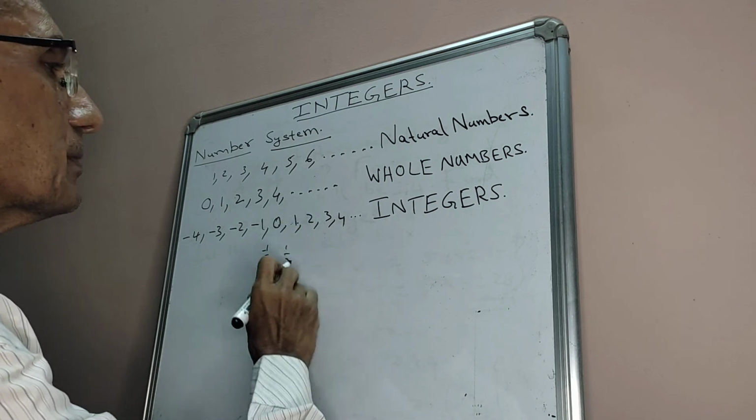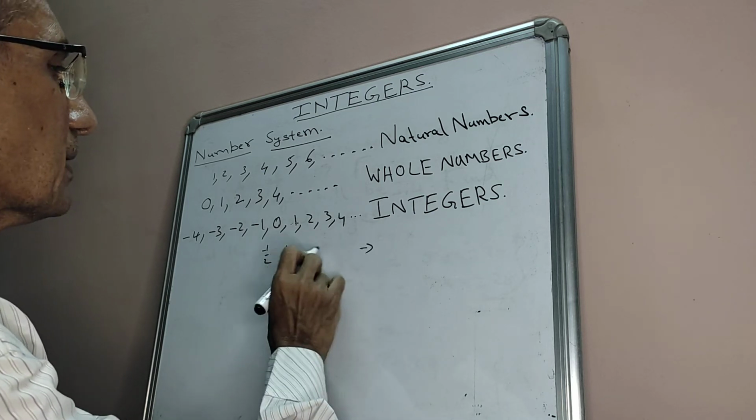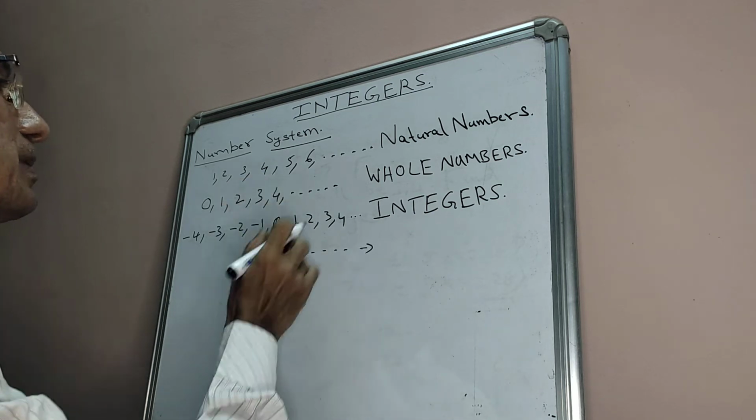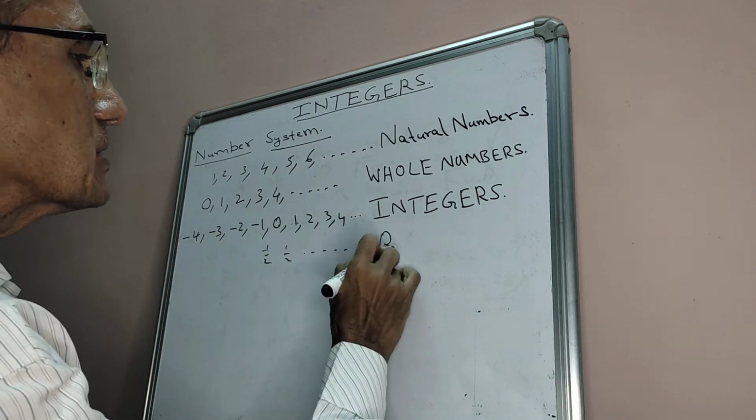All such numbers, up to infinity, are called rational numbers.